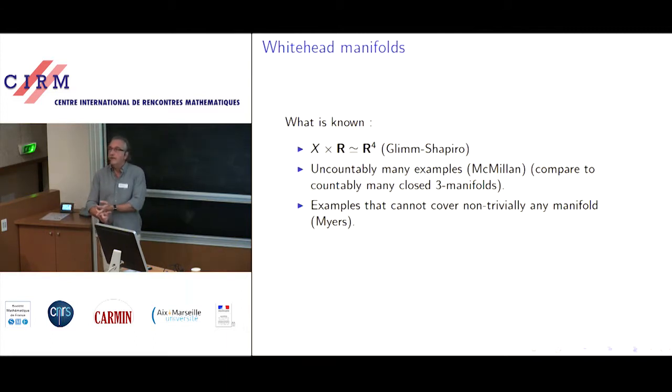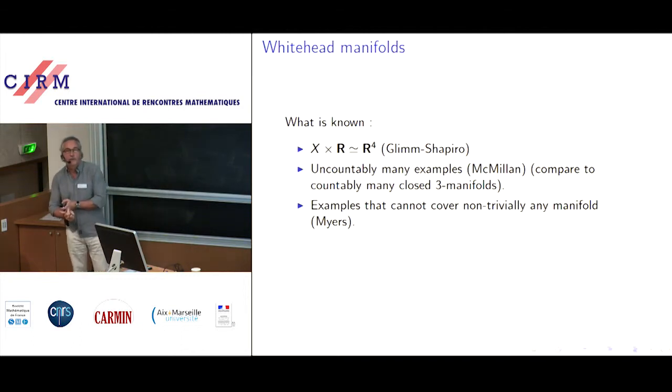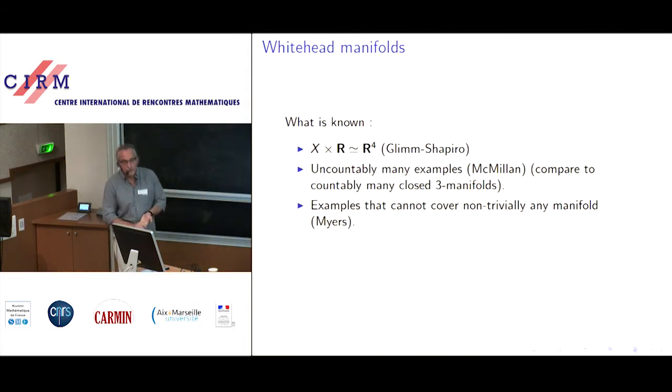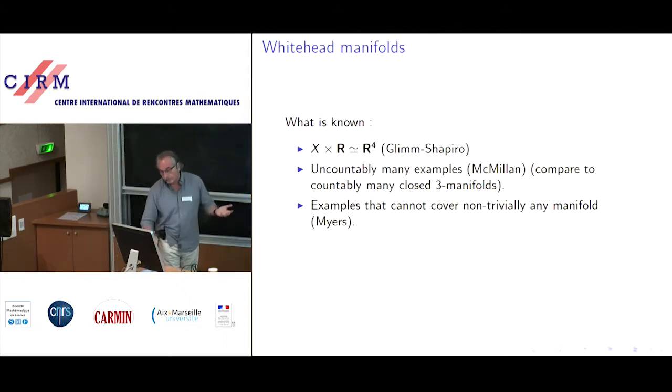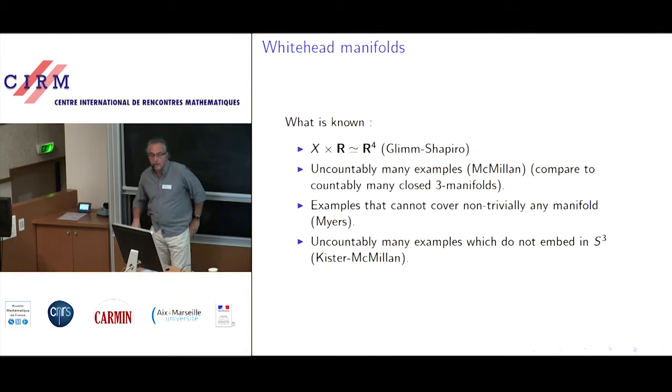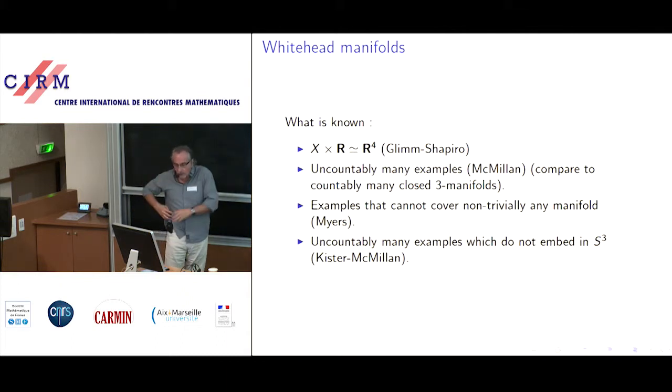All the techniques that I was taught when I was a graduate student to work in Riemannian geometry, none of them works here. Group action disappears. Topology does not exist. Well, it exists, but there is no fundamental group. And I find it really exciting. There are also uncountably many examples which do not embed in S3, but this would require a different construction.